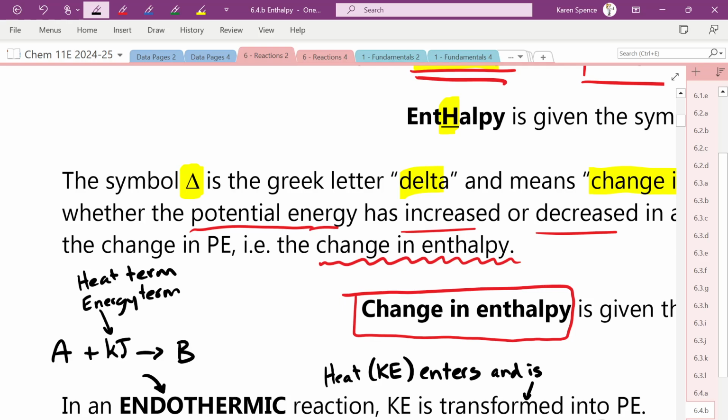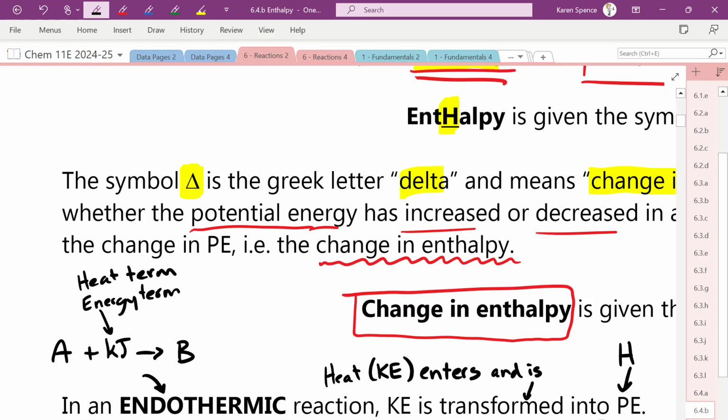And if it is transformed into potential energy, what can we say about the change in enthalpy? And remember, we're thinking of enthalpy as being potential energy. Yes? So what is happening to our enthalpy in an endothermic reaction? Is it increasing or decreasing? It is increasing.